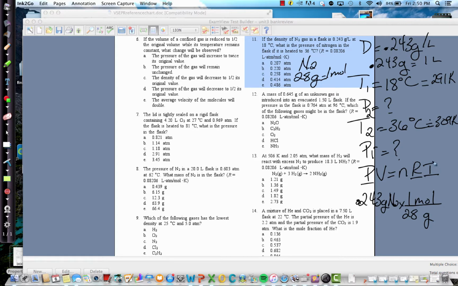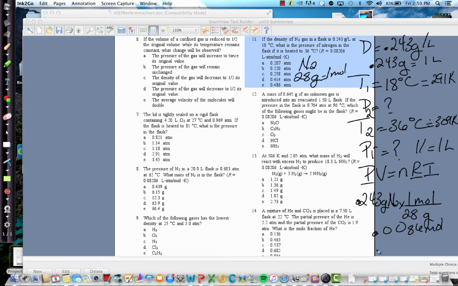So it's 0.243 divided by 28. I'm going to get 0.0086 moles, and I also have a volume of 1. If I have this many moles, I should also have a volume that equals 1.